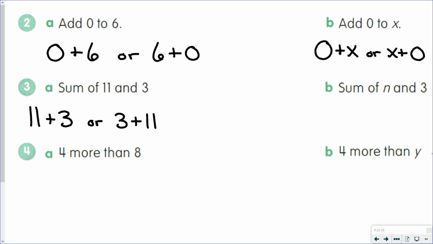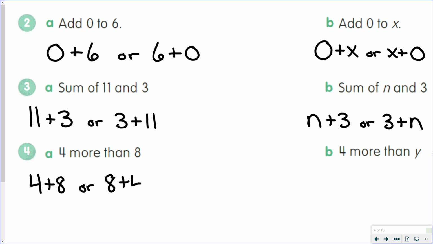The sum of n and 3 would be n plus 3, or 3 plus n, because sum tells you to add. It's the result of an addition problem. And then 4 more than 8 would be 4 plus 8, or you guessed it, 8 plus 4. And then 4 more than y would be 4 plus y, or y plus 4. Either of those is fine.